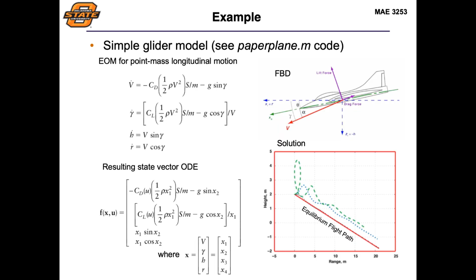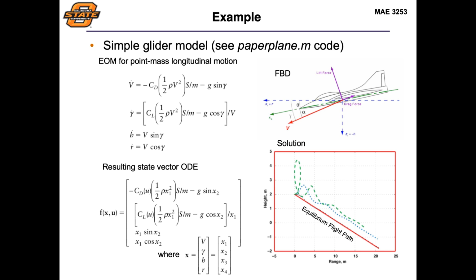With this, however, it does allow us to look at some very simple motion of the aircraft. So you'll have one MATLAB code which provides, based upon these very simplistic equations of motion, for our point mass, we can look at the longitudinal behavior for the aircraft and determine things such as an equilibrium flight path, or non-equilibrium in this case, where we can look at how that aircraft is going to behave given a certain velocity.